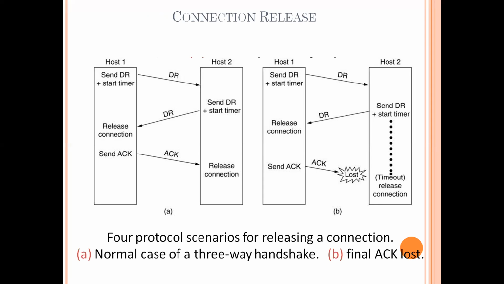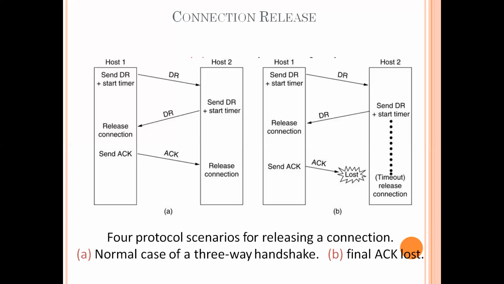This is also called four-way handshaking of connection termination. The figure indicates the four protocol scenarios for releasing a connection. The first case is the normal case of three-way handshaking, and the next is the final acknowledgement lost.